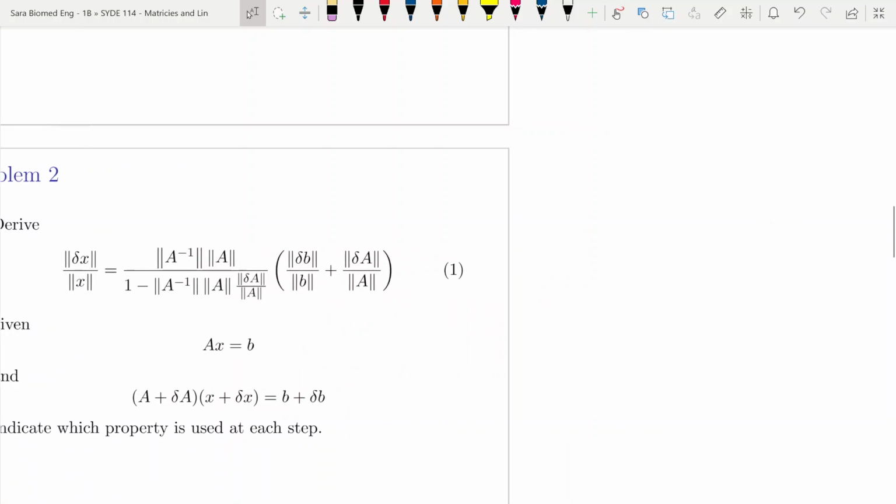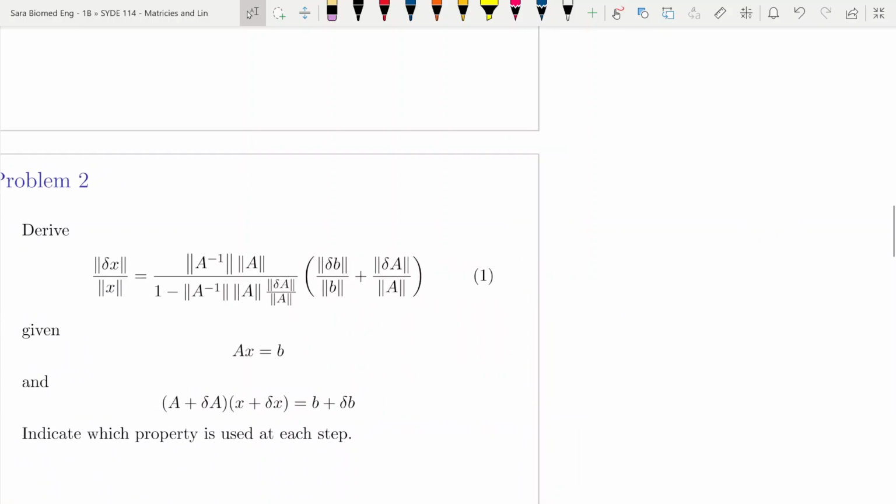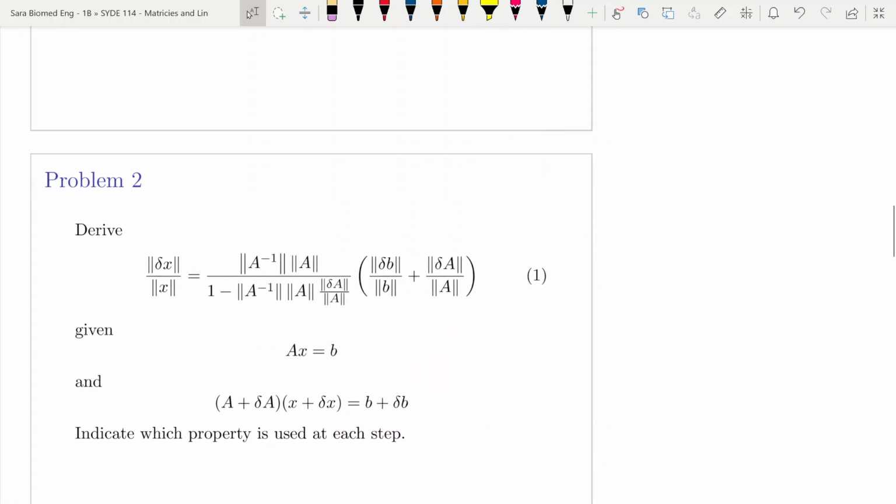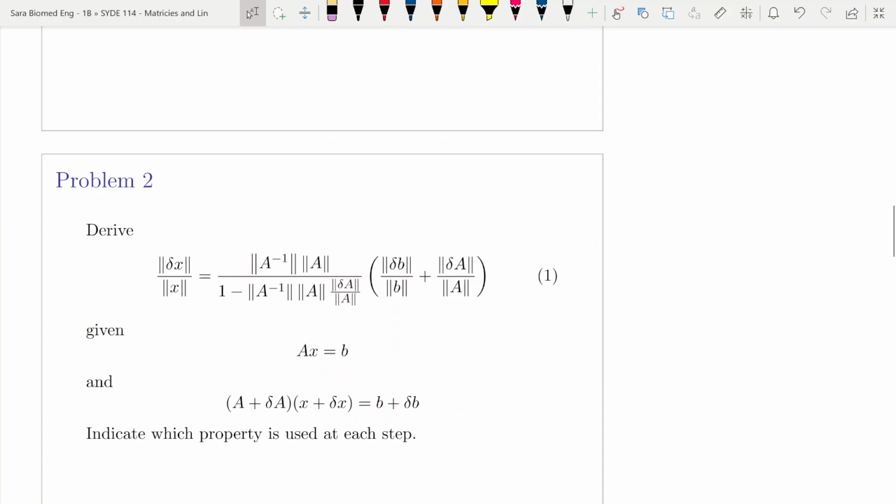Basically, this is a problem that's showing you why those properties are useful. Probably I'll show you in the last video of this why these are useful and how to use them to prove some kind of thing. Maybe because it's the first year class, you don't need to prove something.